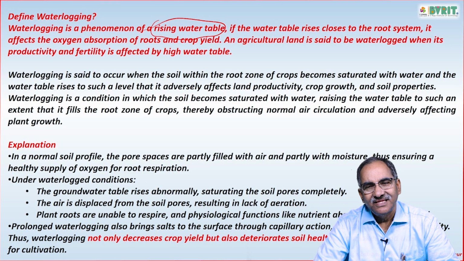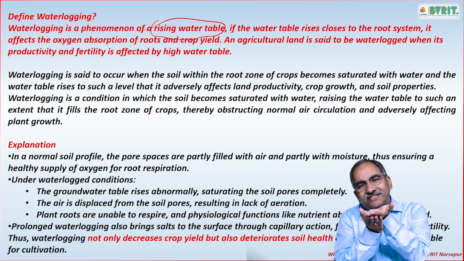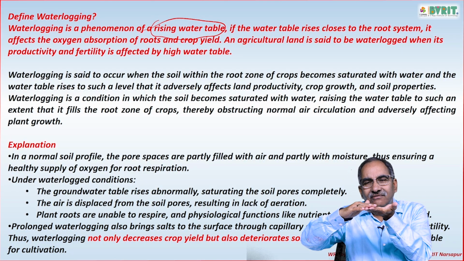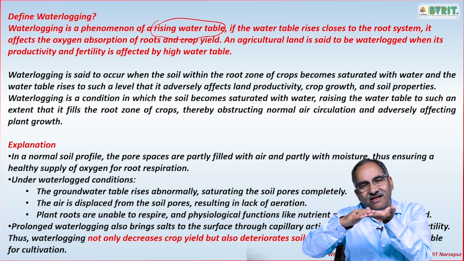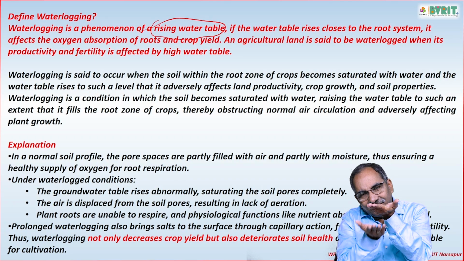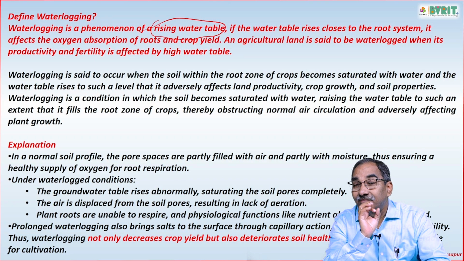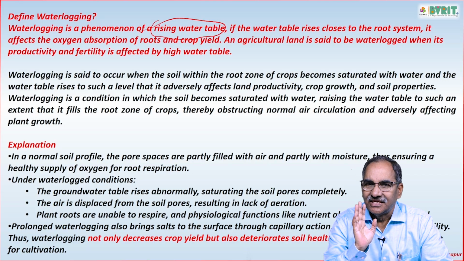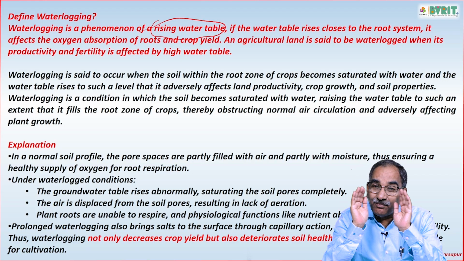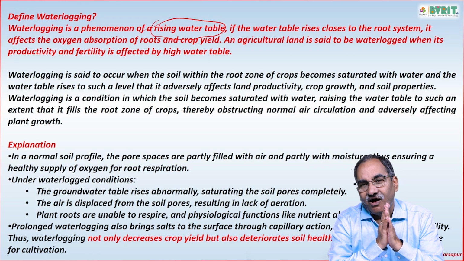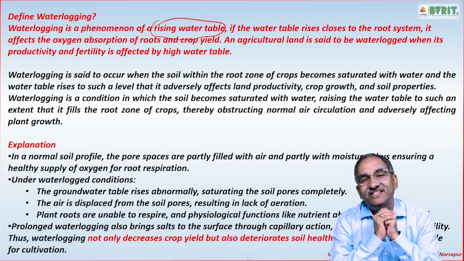If the water level rises nearer to the ground level, the entire soil below the ground level becomes saturated. That means all the pores of the soil are completely filled with water.